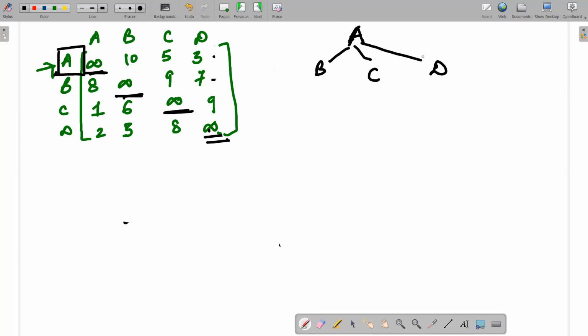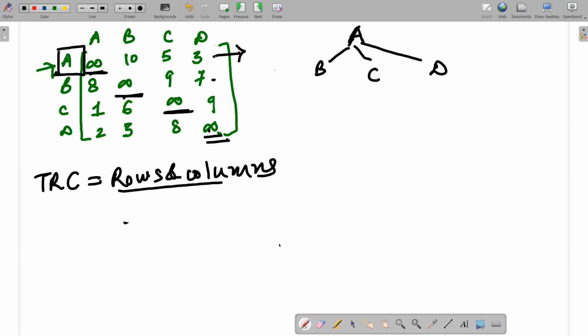If I try to reduce the cost, or minimize cost, we will find a total reduction cost from rows and columns that can be calculated as the minimized cost for A. If I talk about rows, this row has a minimum value of 3, this row has a minimum value of 7, this row has a minimum value of 1, and this row has a minimum value of 2.